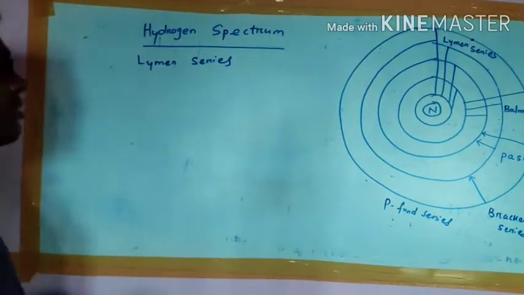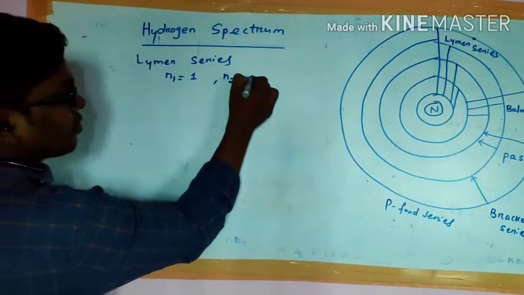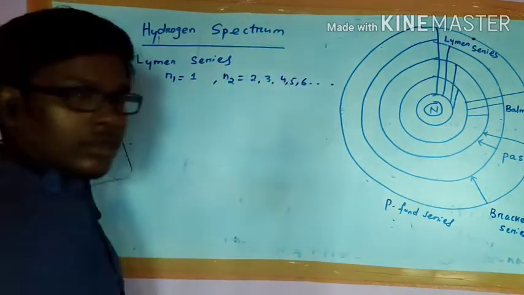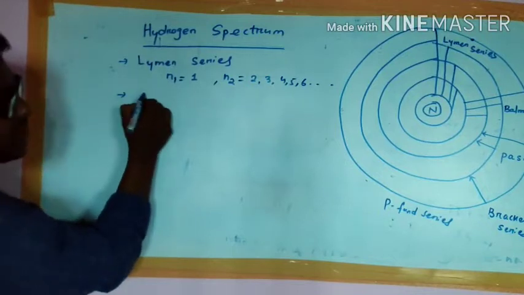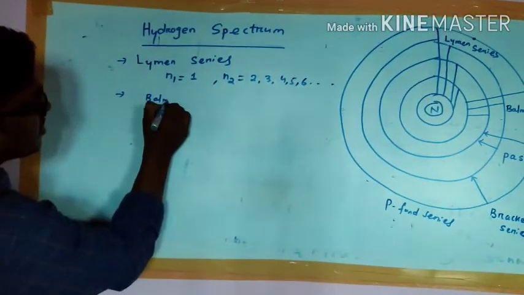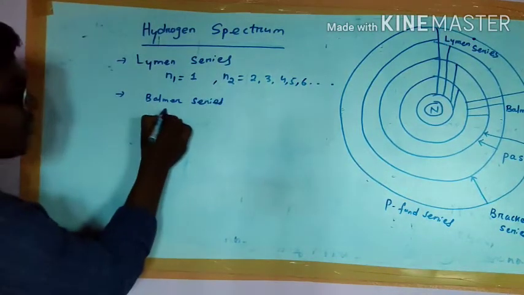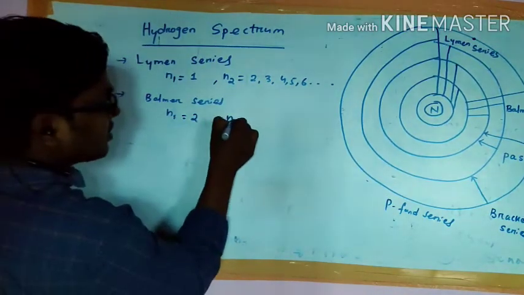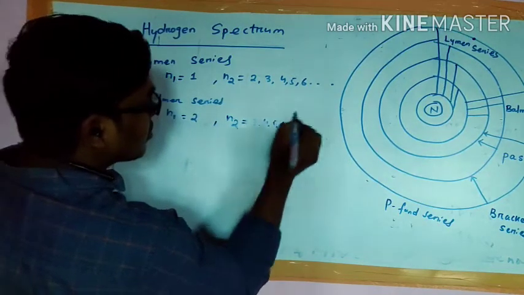For the Lyman series, remember, the ground state orbit N1 is equal to 1 and the excited state orbit N2 is equal to 2, 3, 4, 5, 6, and so on. Similarly, the second one is the Balmer series. For the Balmer series, N1 is equal to 2 and N2 is equal to 3, 4, 5, 6, and so on.